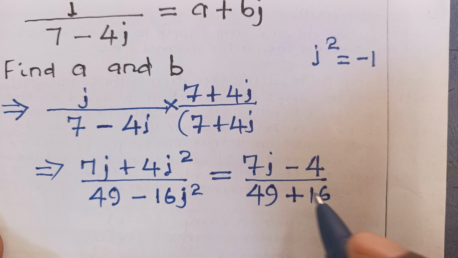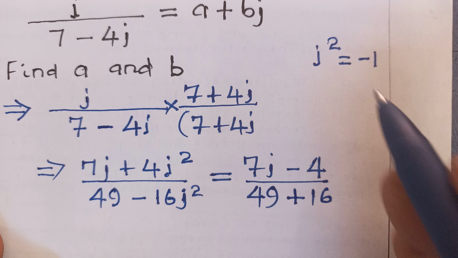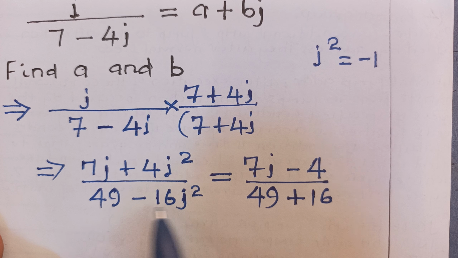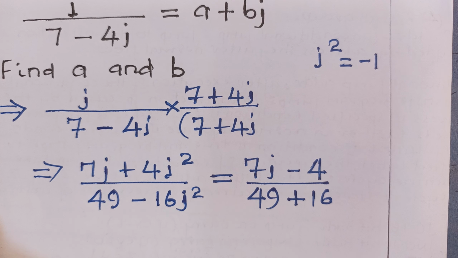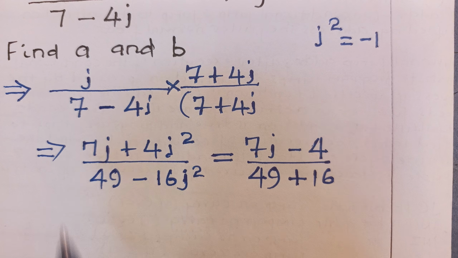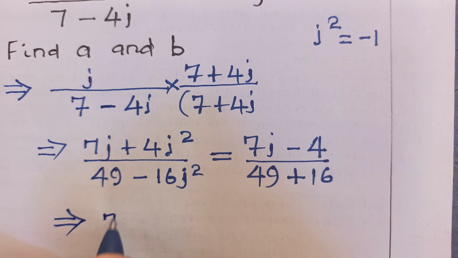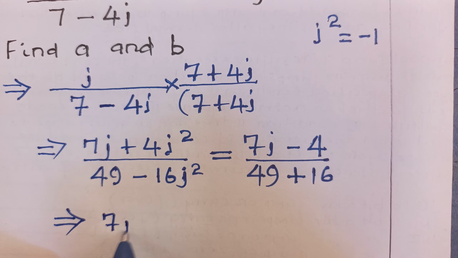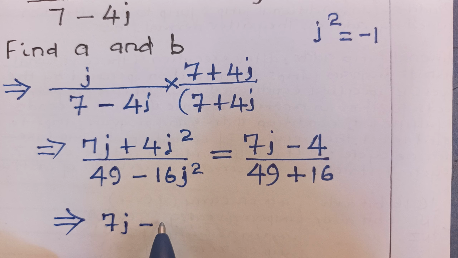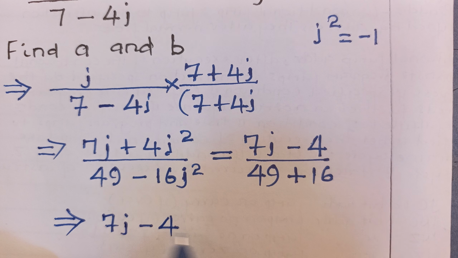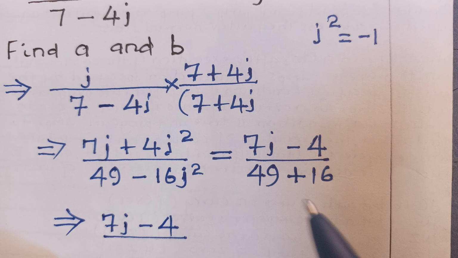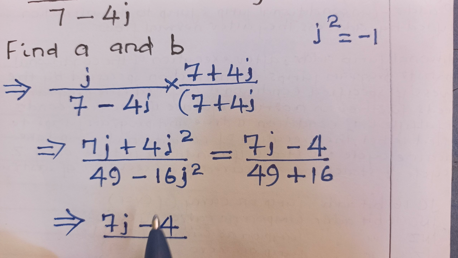That is plus 16 because j squared is the same as -1, and -1 multiplied by negative comes now to positive. And so, guys, our equation is now going to be 7j minus 4 all over, we can add that, that comes to 65.